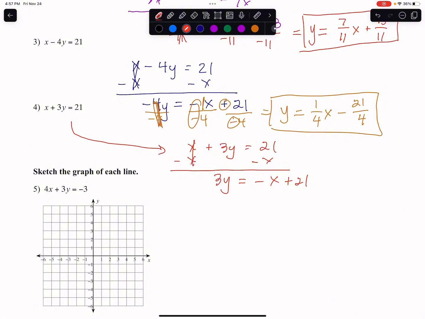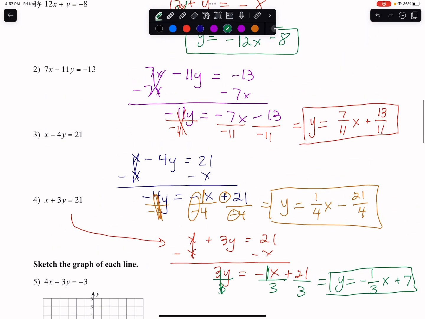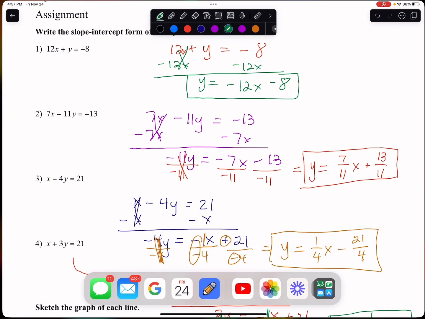Now, as we've been doing all this time, we're going to divide everything by 3. That goes away. y equals, there's a 1 here, so that's negative 1/3 x. And then 21 divided by 3 is a positive 7. That's converting the first 4 into slope-intercept form.